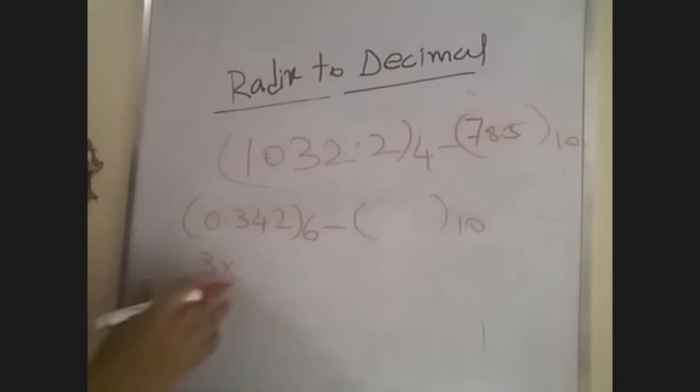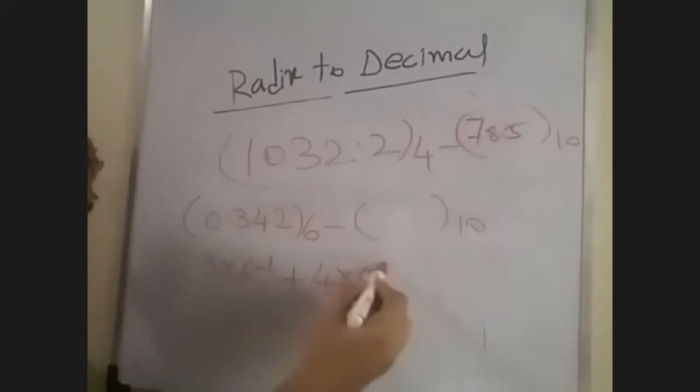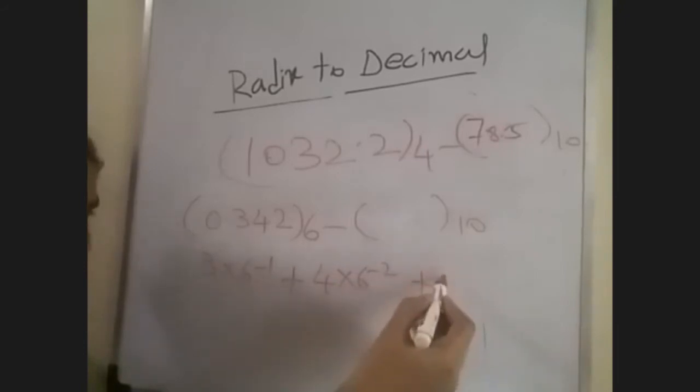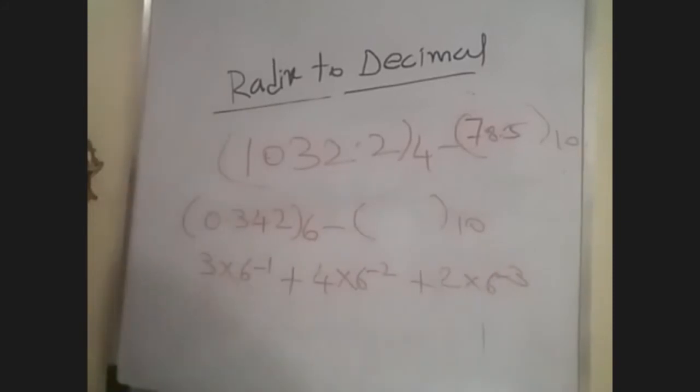So 3 into 6 power minus 1. What is 3 into 6 power minus 1? Next, 4 into 6 power minus 2, plus 2 into 6 power minus 3. So 3 into 6 power minus 1, what is the value? 0.5.